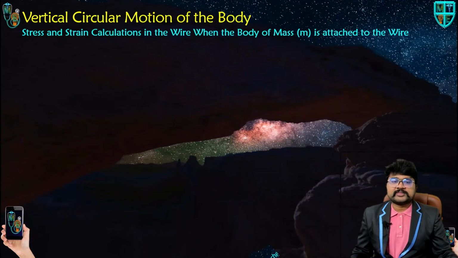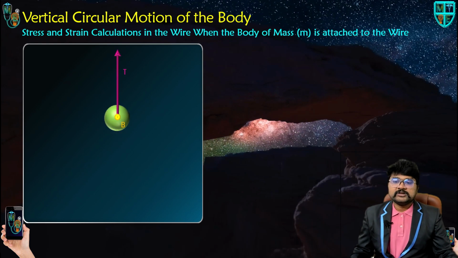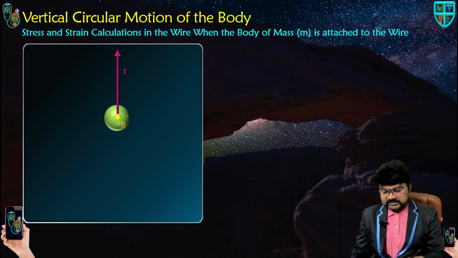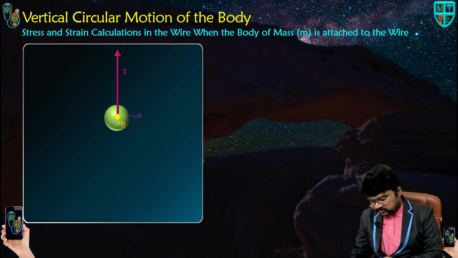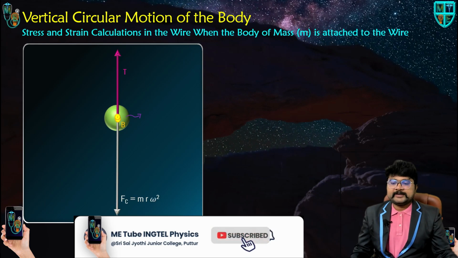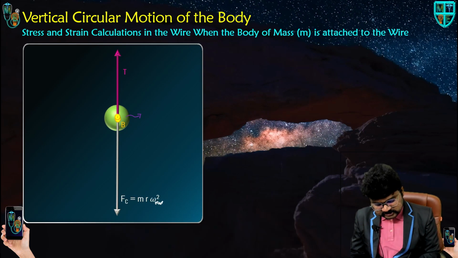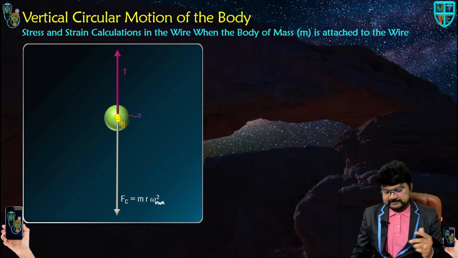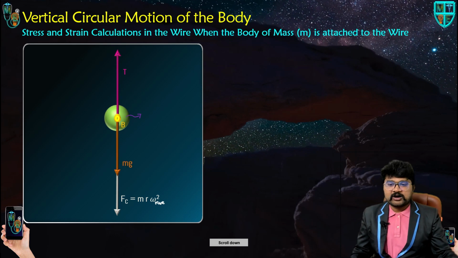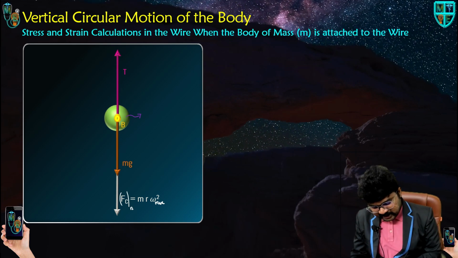Now we can have a look at the free body diagram for the body. This is the body of mass m. Tension always pulls the body. Here centrifugal force, I can say this is maximum centrifugal force, is acting downward direction, and weight always acts vertically downward direction.